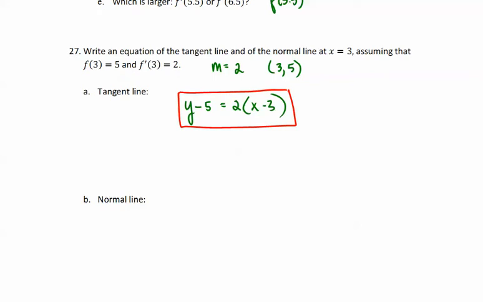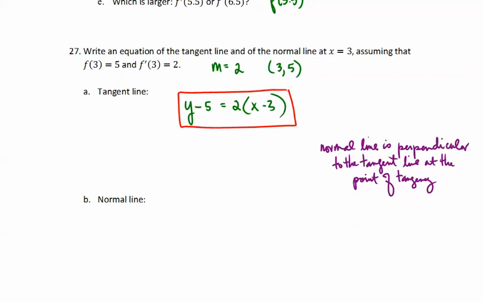Now, next, we want to write the equation of the normal line. A normal line is a line that is perpendicular to the tangent line at the point of tangency.